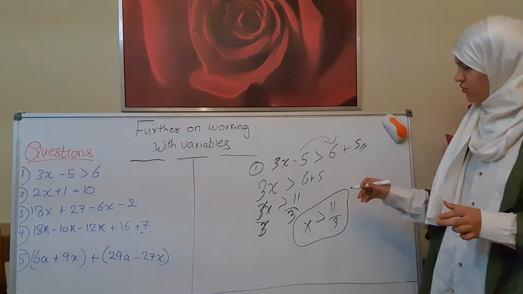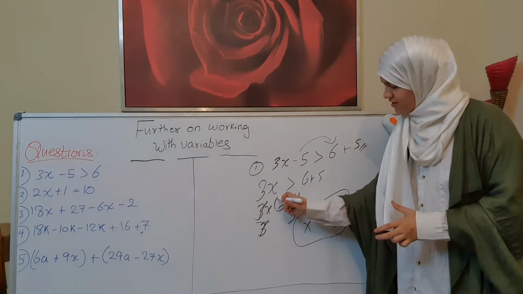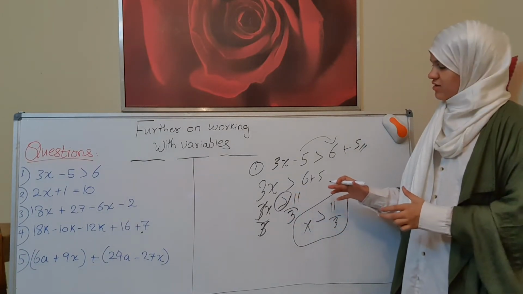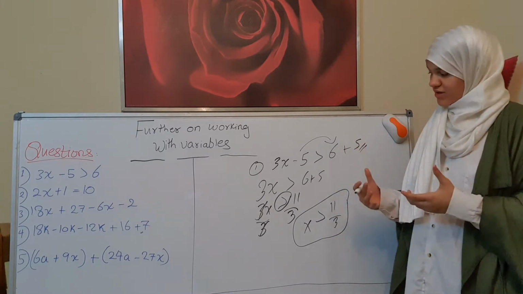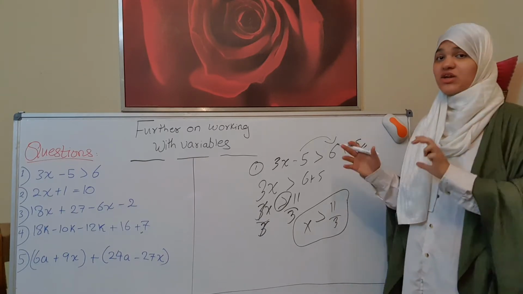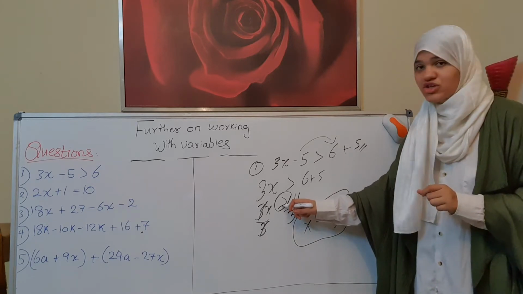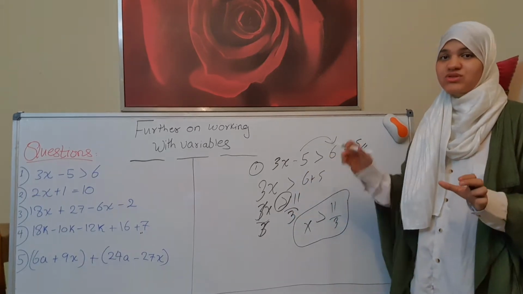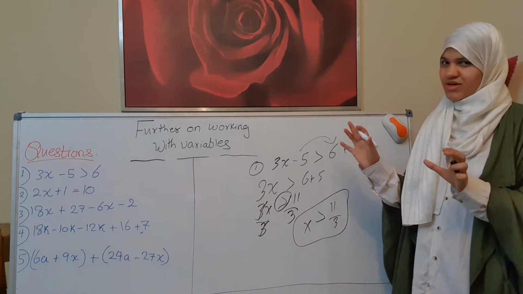I think now you will ask why we didn't change the sign of the greater than. And we know that if we divide by a number, we should change the sign from greater than to less than, or from less than to greater than. But actually here, you will not change anything until you divide by a negative number.